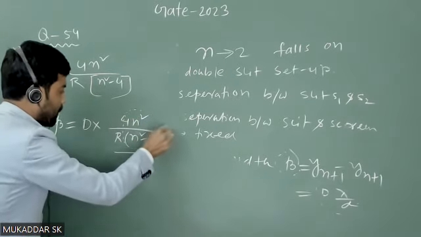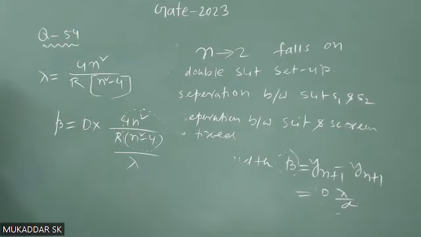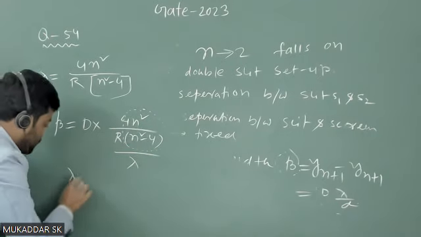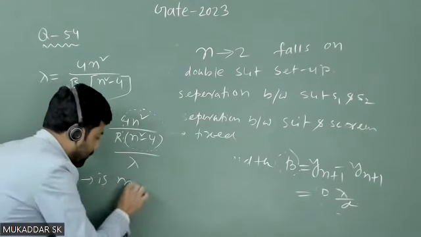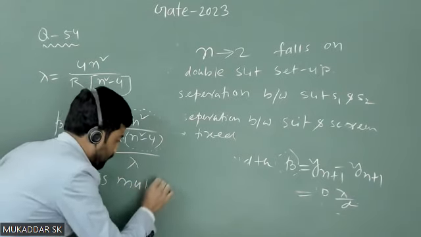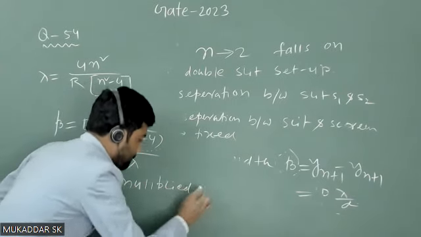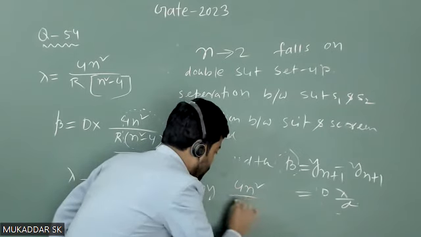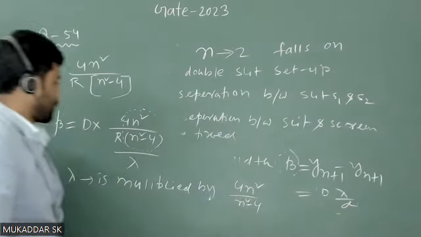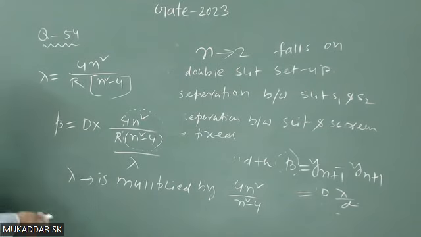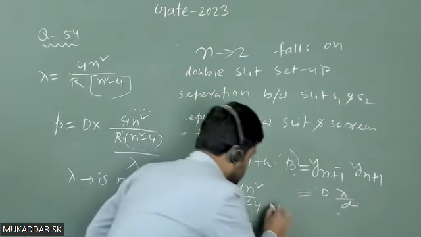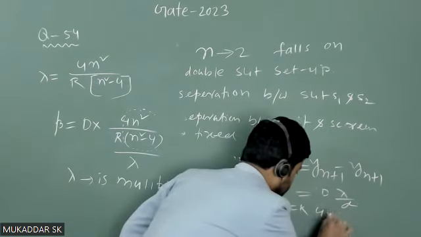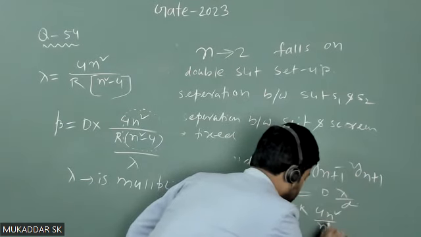Suppose d is some constant k into 4n square divided by n square minus 4.